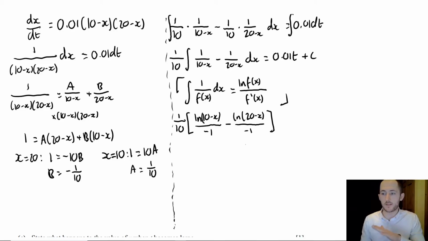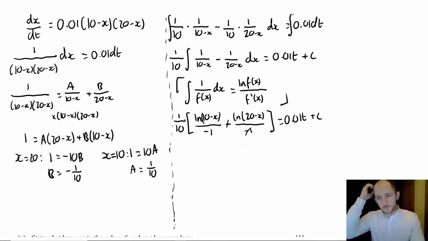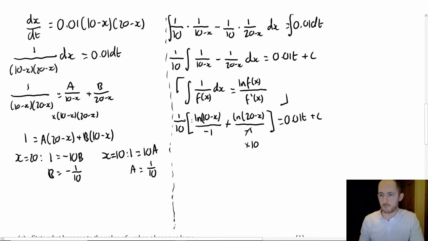And now again, I'm not going to write the plus c because I'm just going to combine it into my big constant c on the end, okay? Now, obviously this minus and this minus will cancel out, right? And the next thing I want to do is multiply both sides by 10 in order to get rid of the fraction on the left. And one more thing I want to say is I'm also going to write, so this is going to become minus ln 10 minus x, right?